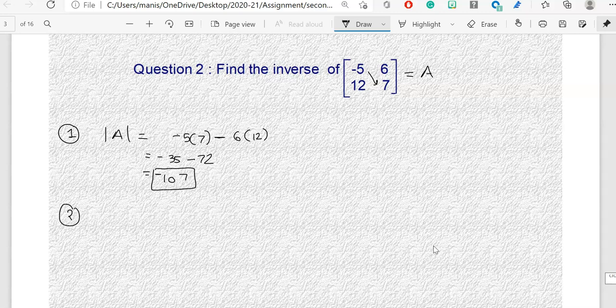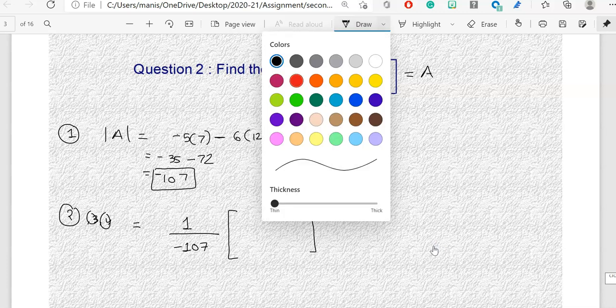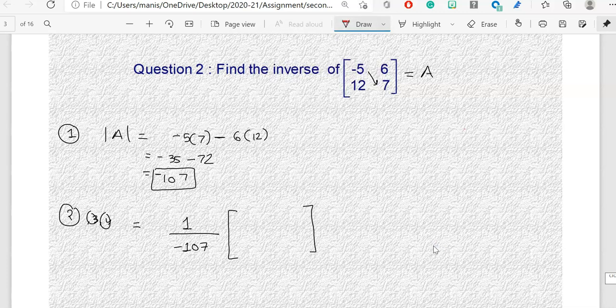Now step number 2, 3 and 4 we apply at one time. So it says 1 over negative 107 because we write 1 over determinant of A. Step 2 is gone. Now we are on step 3. Step 3 says change the position of A and D. So 7 will come over here and negative 5 will go over here.